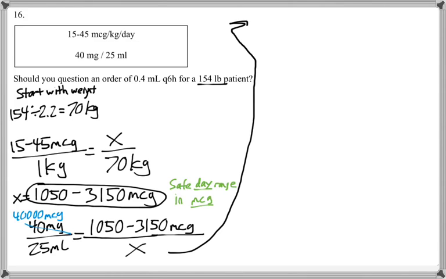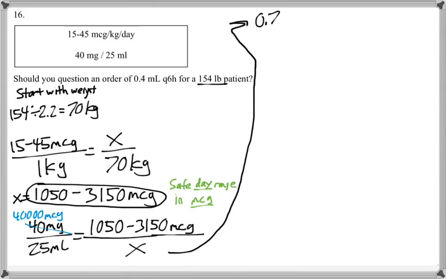So 25 times 1050 divided by 40,000, and if I round that to the nearest tenth, then that's going to be 0.7, and then 25 times 3,150 divided by 40,000.